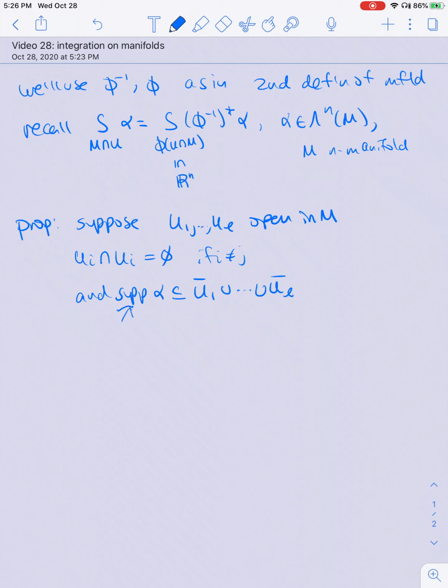The support of alpha is the closure of the set of all p in M such that alpha of p is not equal to 0.